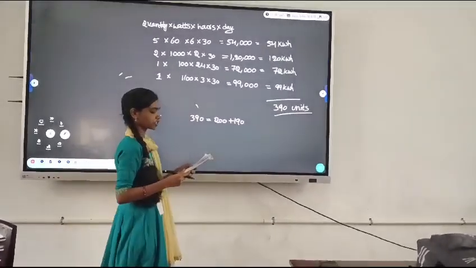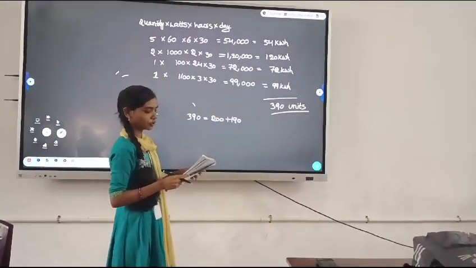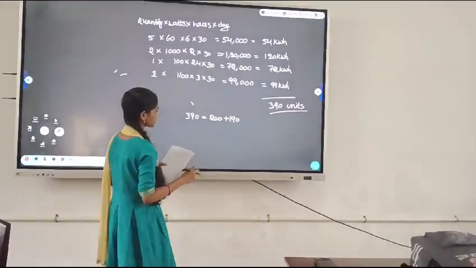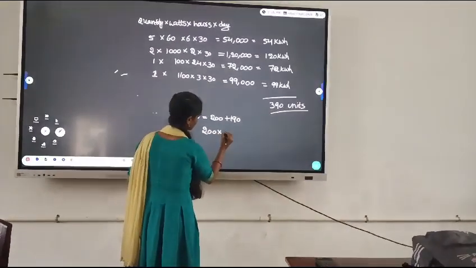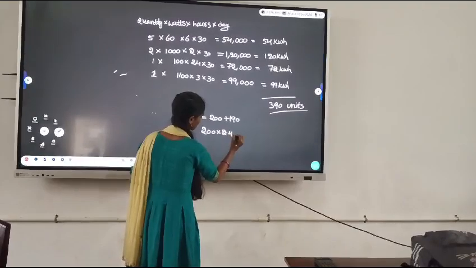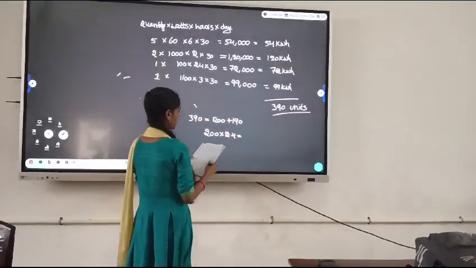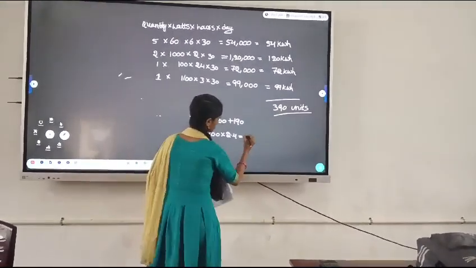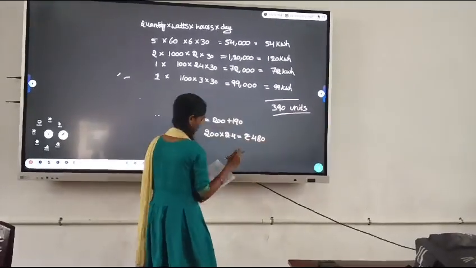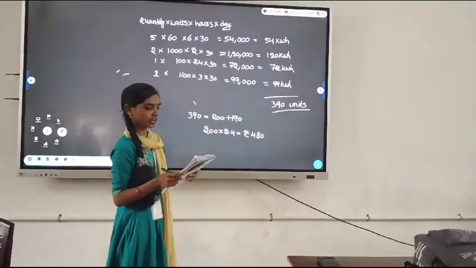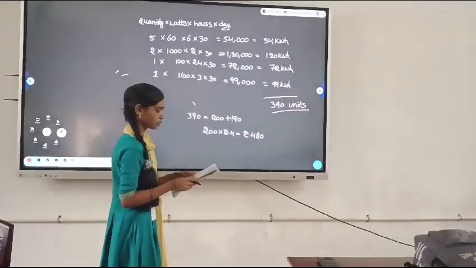So the cost of the first 200 units is 2.4 rupees. So we have to write 200 into 2.4. So we have to multiply these. 480 rupees. And the next units are 3.9 rupees.